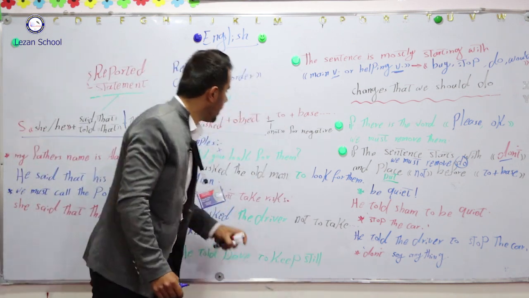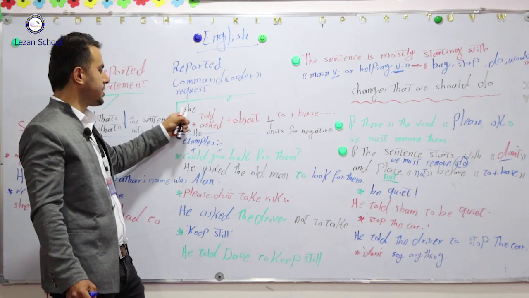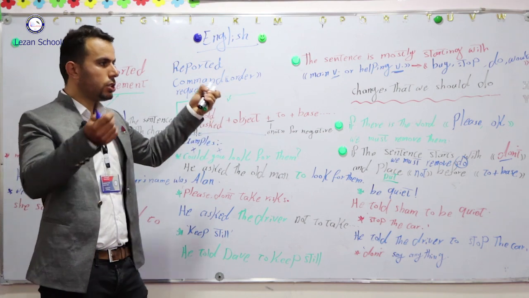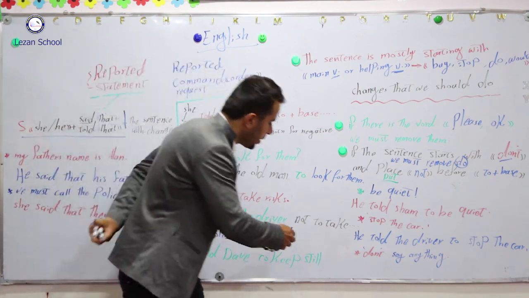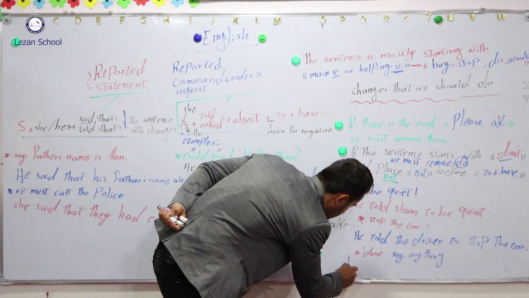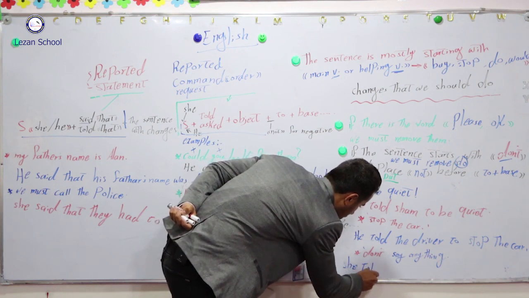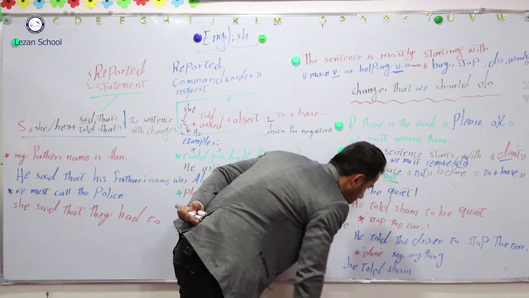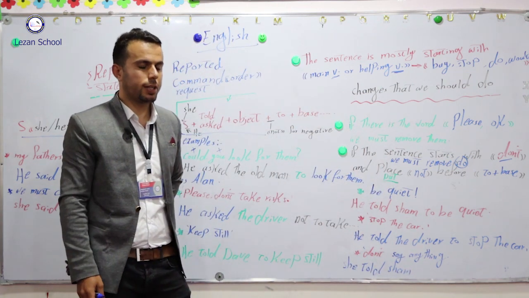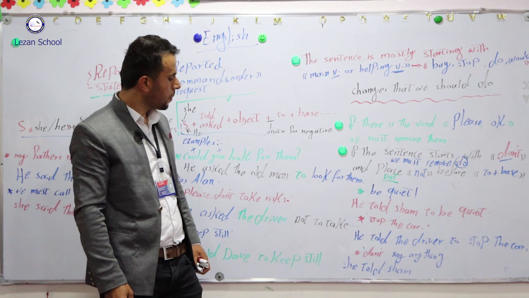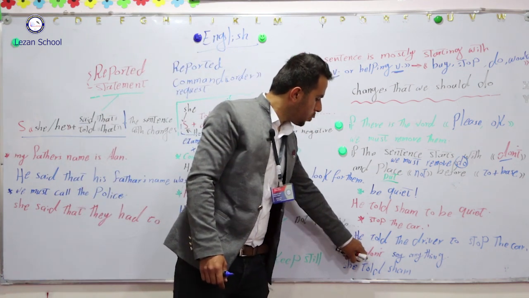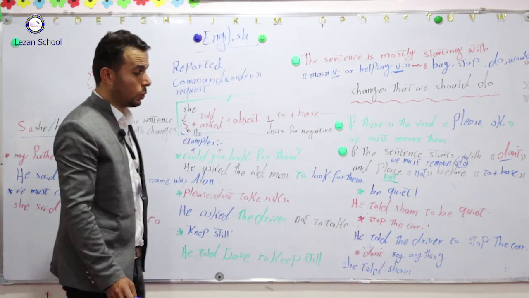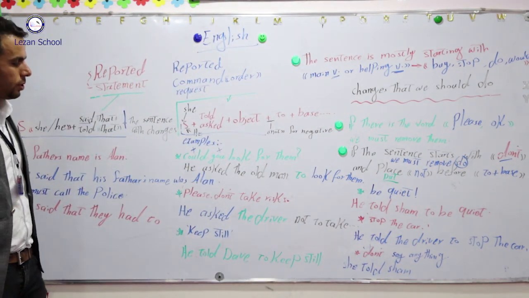So what shall we do? He or she, yes, let's say she told Sham to do what? We said we have to erase or remove do. Okay, we did it.